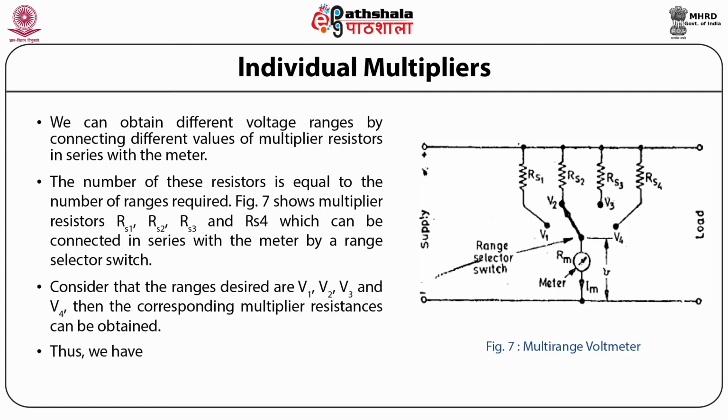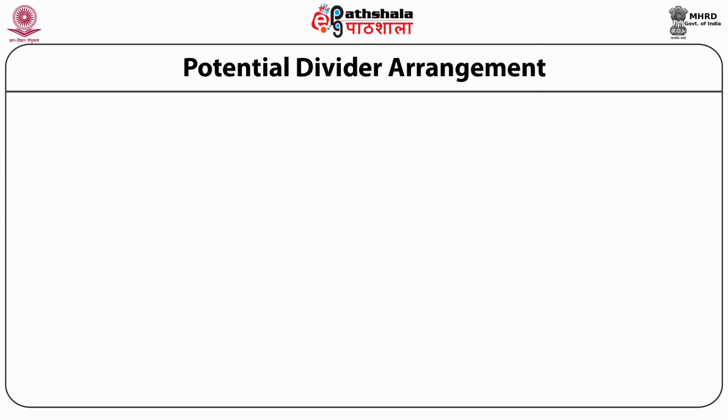Thus, we have Rs1 equal to (M1 minus 1) multiplied by Rm, Rs2 equal to (M2 minus M1) multiplied by Rm, Rs3 equal to (M3 minus 1) multiplied by Rm, and Rs4 equal to (M4 minus 1) multiplied by Rm. Now, the potential divider arrangement.